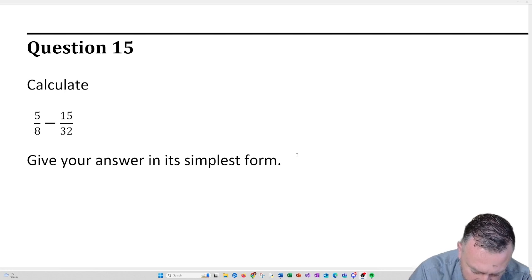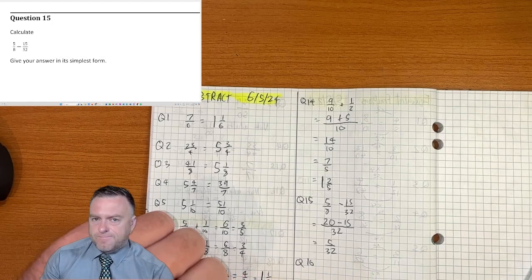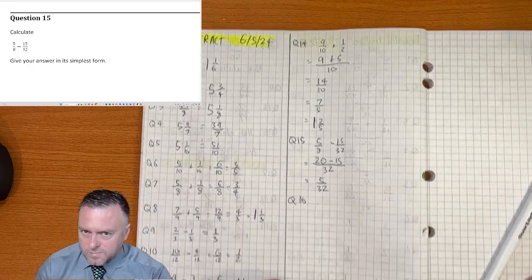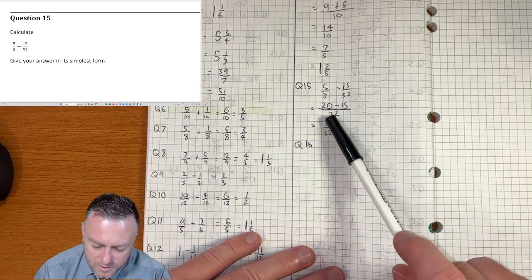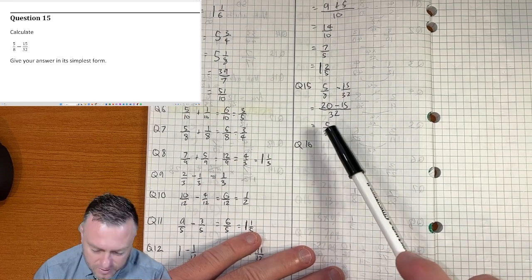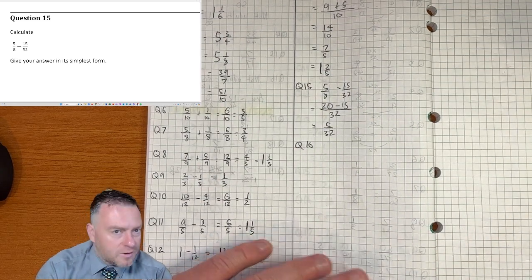Take away 15, which then gives us 5 on 32.